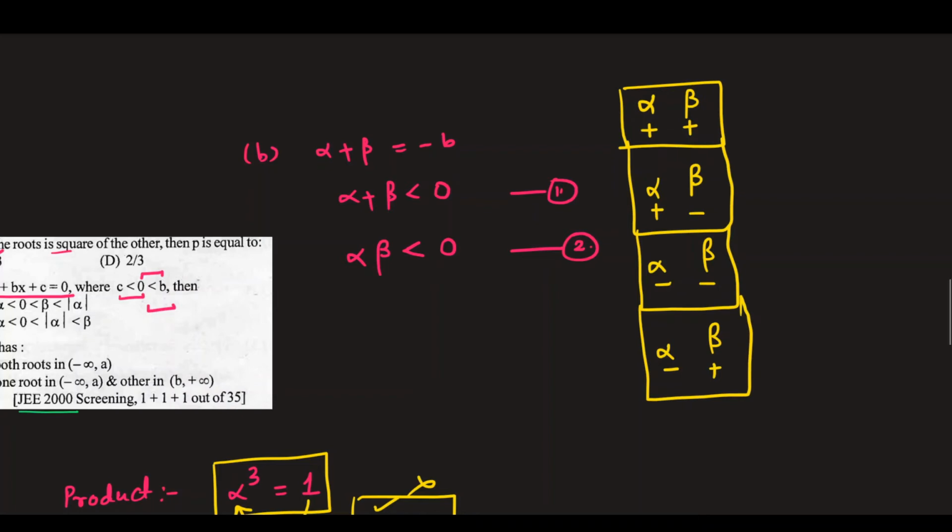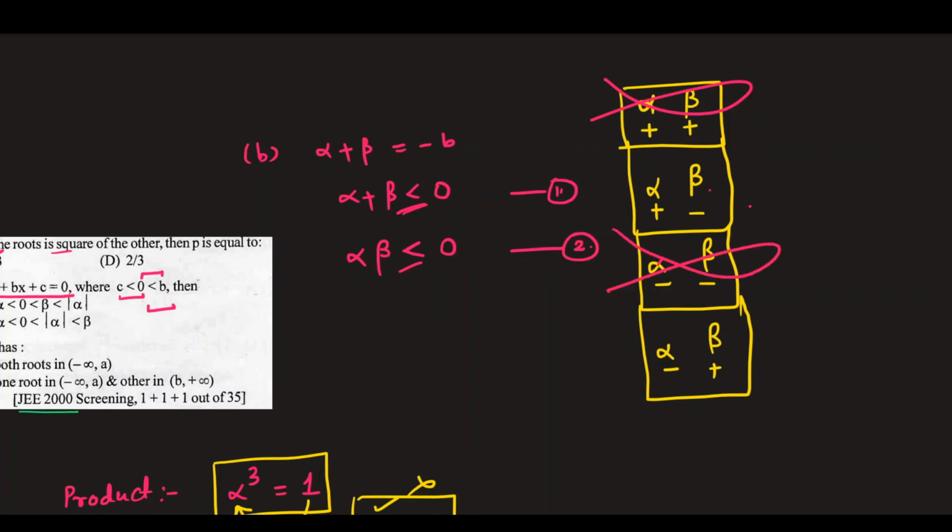Now we can eliminate the first case, because if alpha and beta are both positive, then both the sum and product should be greater than 0. So we eliminated this case. If alpha is negative and beta is negative, then alpha into beta should be positive. So we cancel this case also.